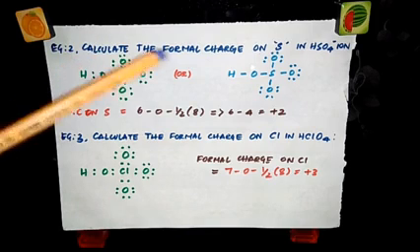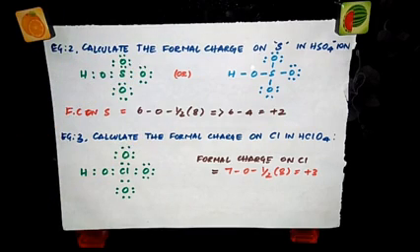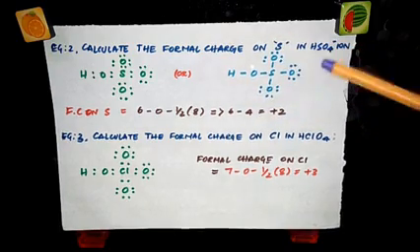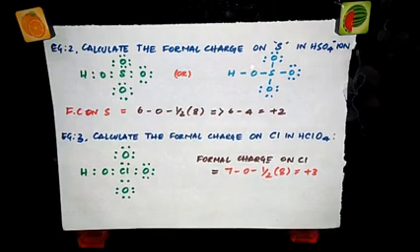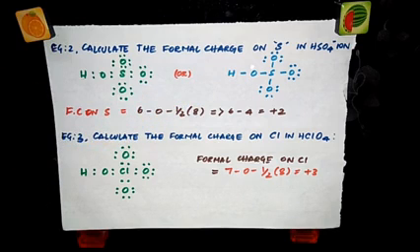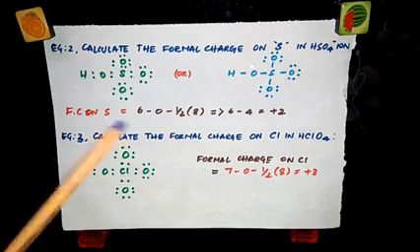Calculate the formal charge on sulfur in HSO4 minus ion. So you know how to draw the Lewis structure for HSO4 minus. So this is the Lewis structure for HSO4 minus, and to calculate the formal charge on sulfur, what is the formula? Valence electron in sulfur minus lone electrons minus half the shared electrons. So sulfur, you know the atomic number is 16, so the number of valence electrons is 6.